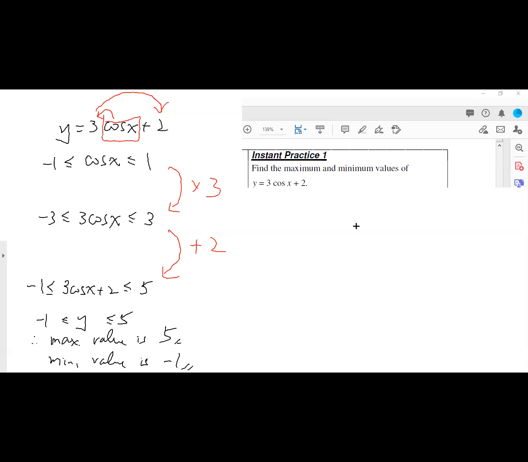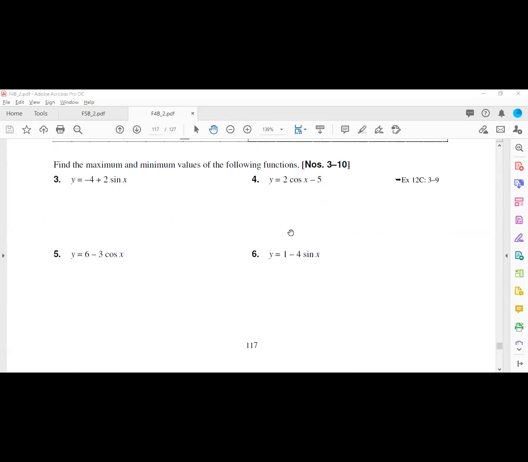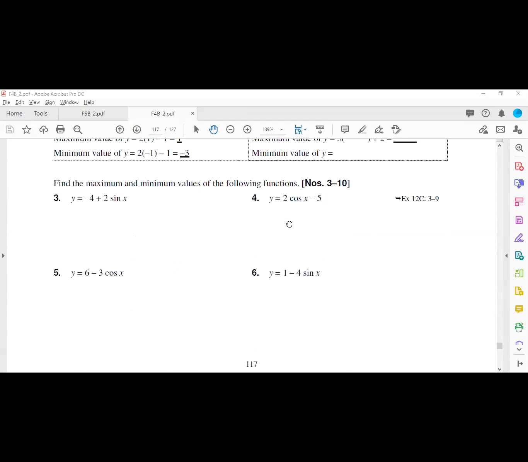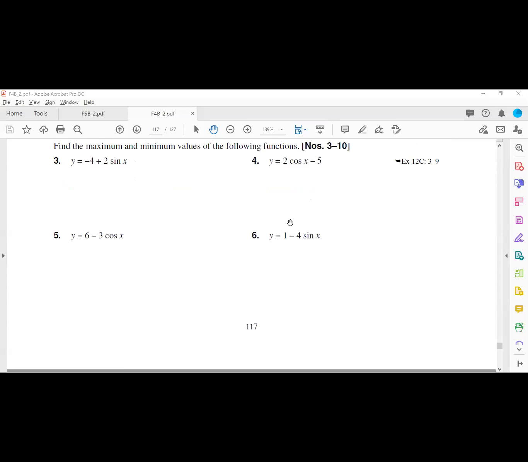Do you have any problems? So if no, I'd like you to do the classwork, the following classwork. So that is question number 3, 4, 5, 6. 3, 4, 5, and 6.